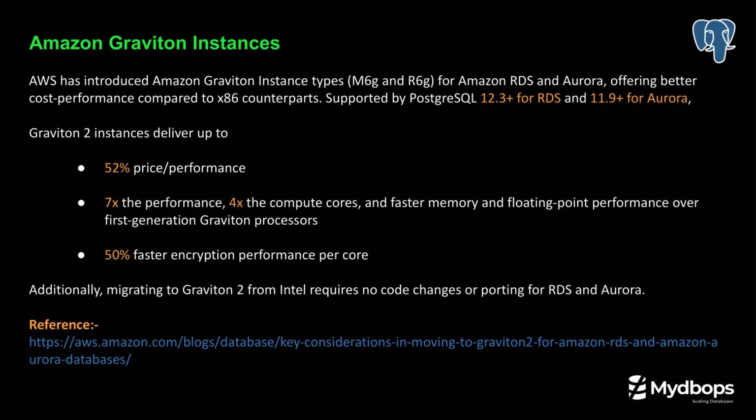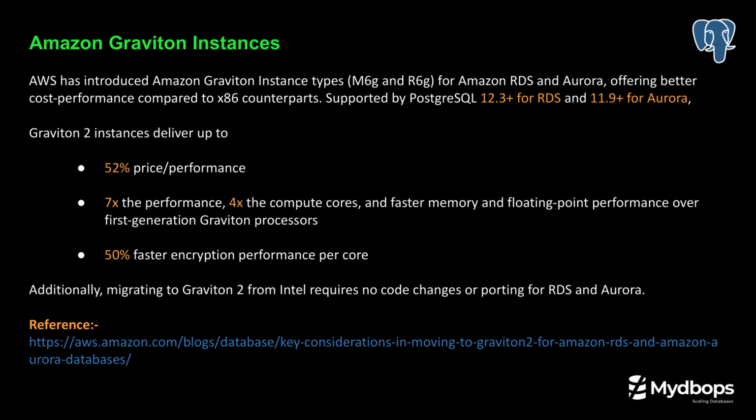So Graviton instances deliver up to 52% better price performance, and the performance is optimized in such a way that we get 4 times the compute, 7 times the performance, faster memory allocation, floating point performance, and 50% faster encryption performance per core.